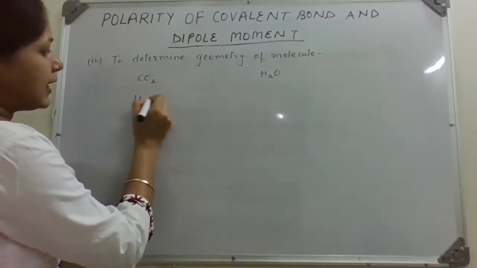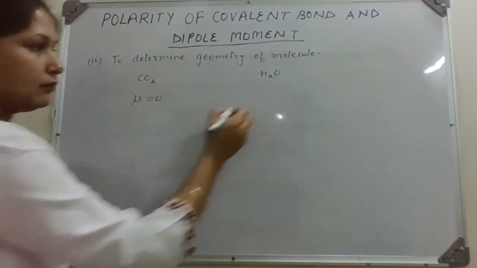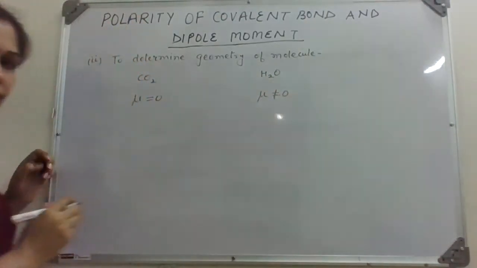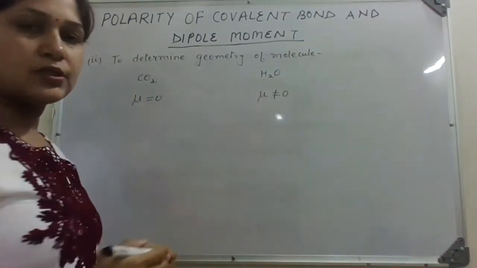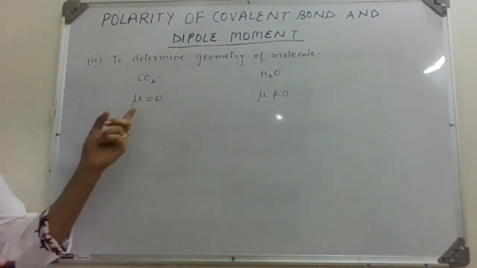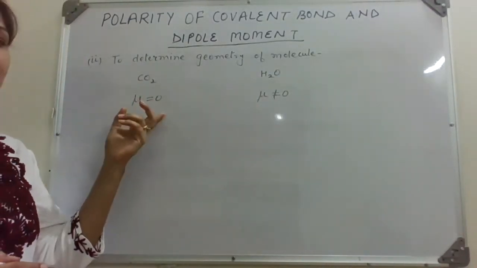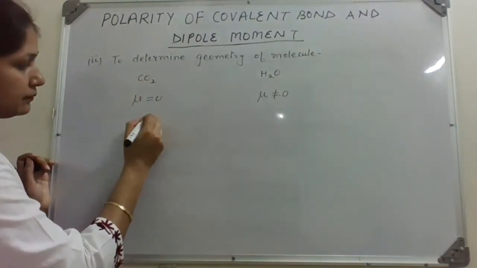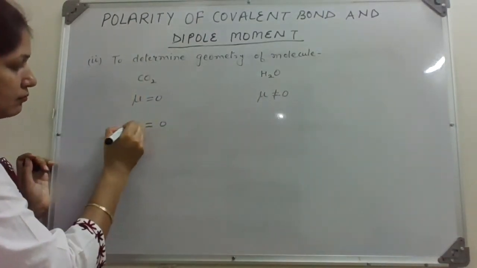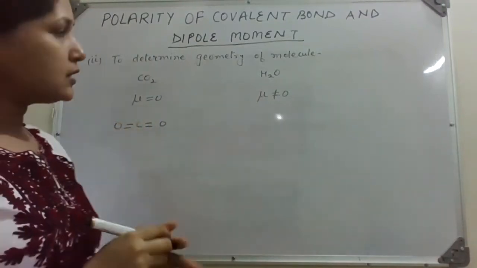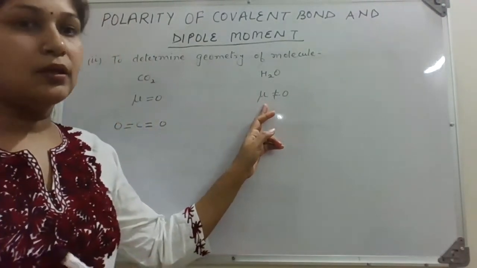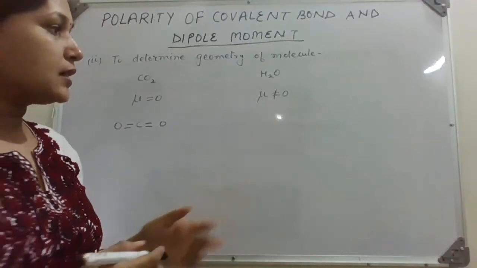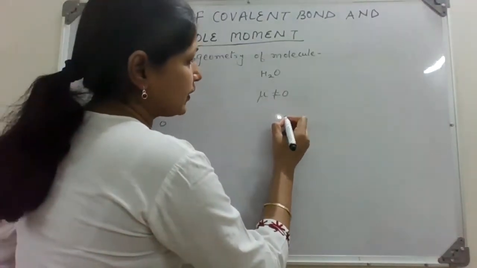This molecule has dipole moment equal to 0 and this molecule has some value of dipole moment. Dipole moment of water is not equal to 0. Since carbon dioxide's dipole moment is 0, it must be a symmetrical molecule. The shape of carbon dioxide is linear. Since the water molecule has some dipole moment, its structure can't be linear or symmetric. Thus, it has a bent-shaped structure like this.